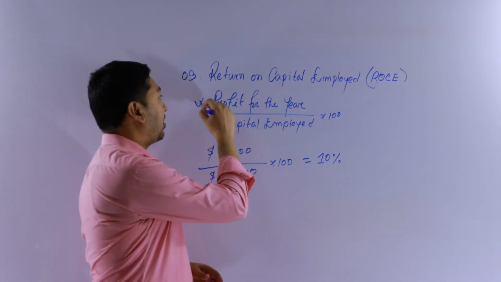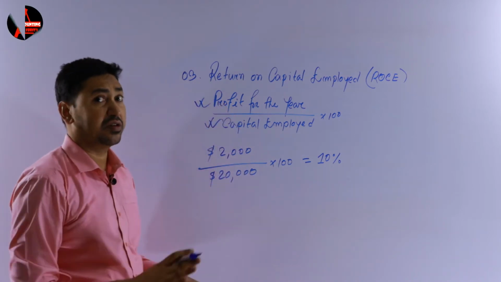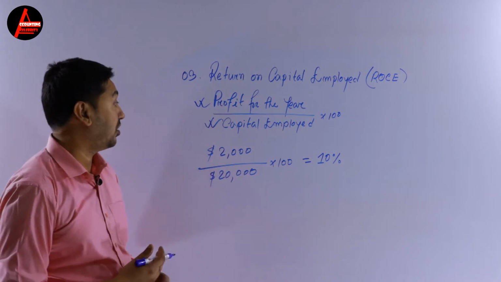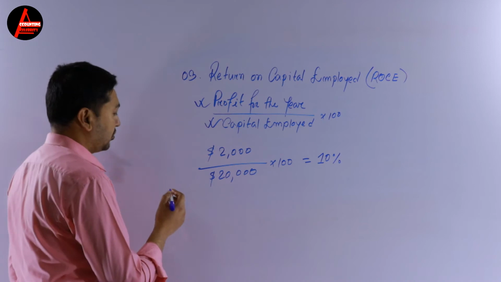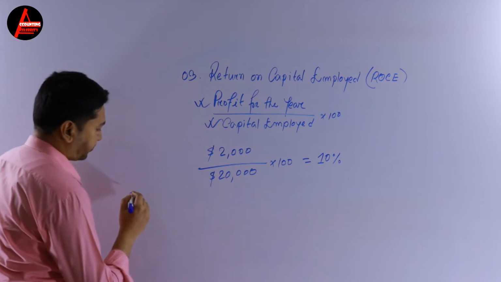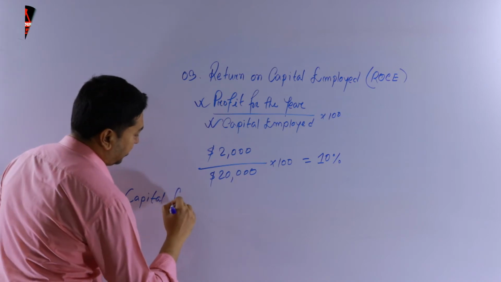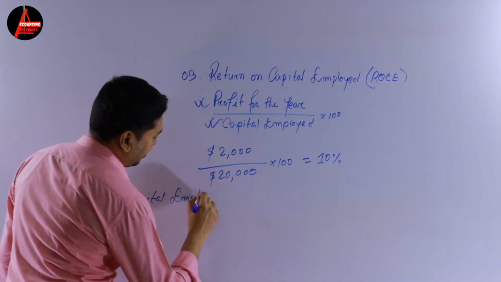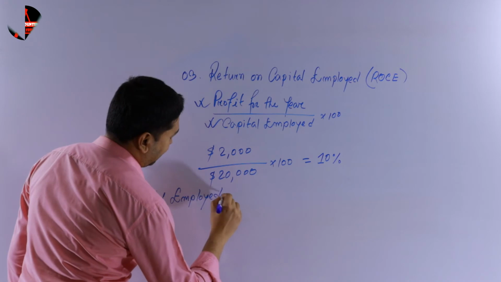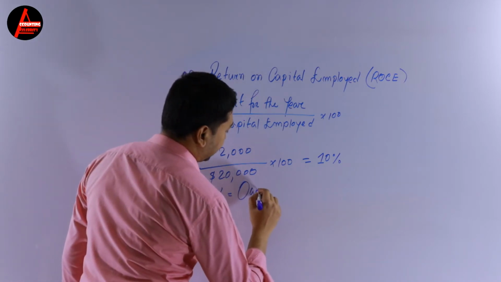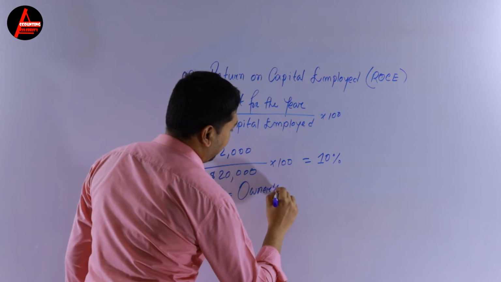You already know how to calculate your profit for the year if it is not given in the question; I showed you the previous formula. Capital employed equals owner's equity.